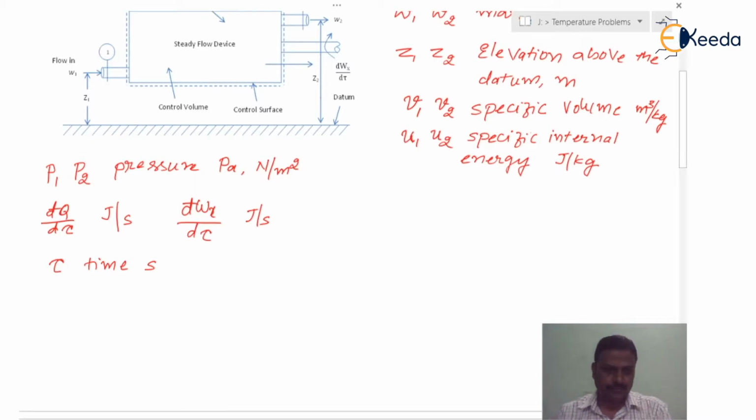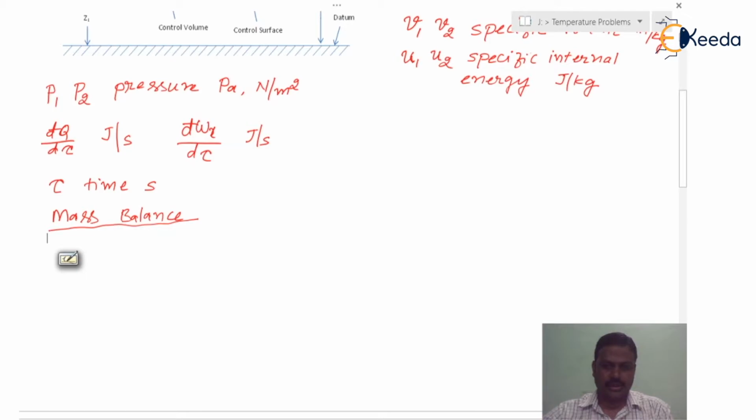Then if we do mass balance, then as per the law of conservation of mass, if there is no accumulation of mass within the control volume, then the mass flow rate entering must equal the mass flow rate leaving.